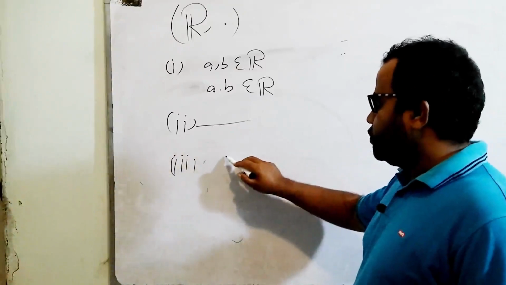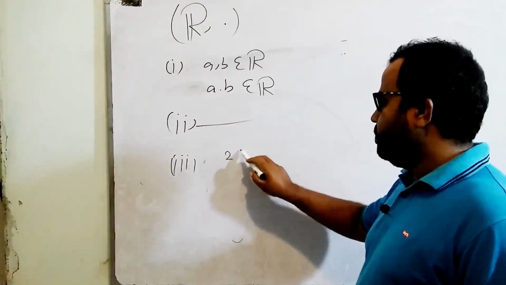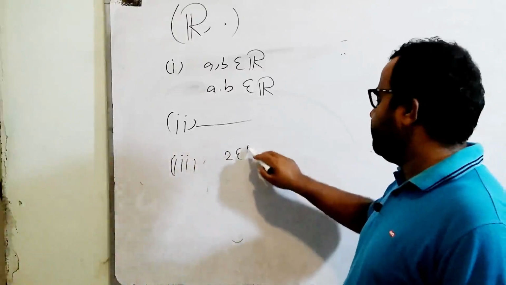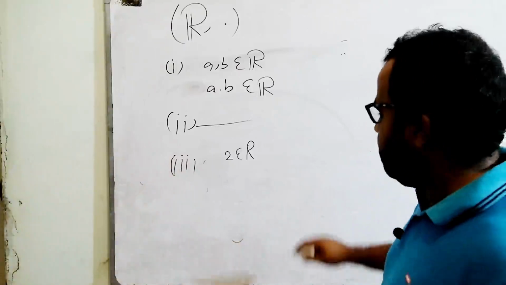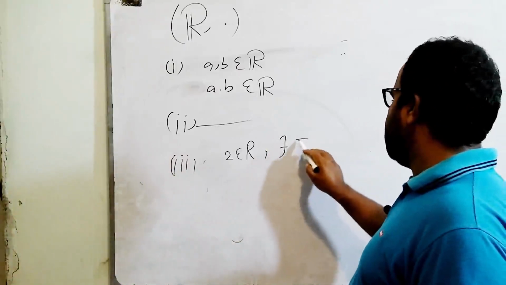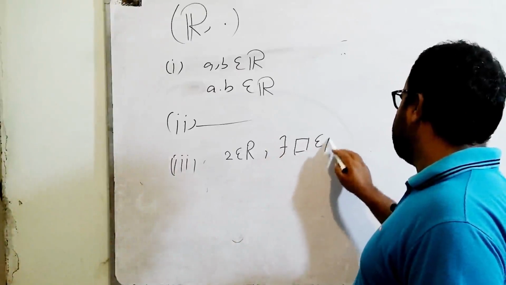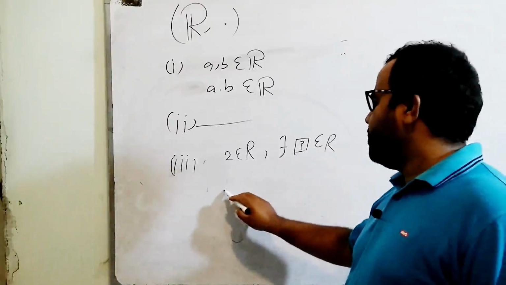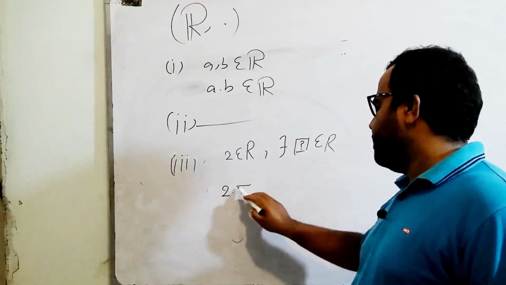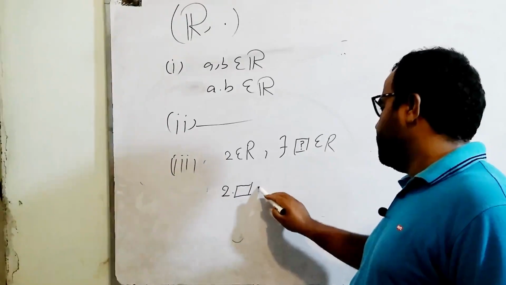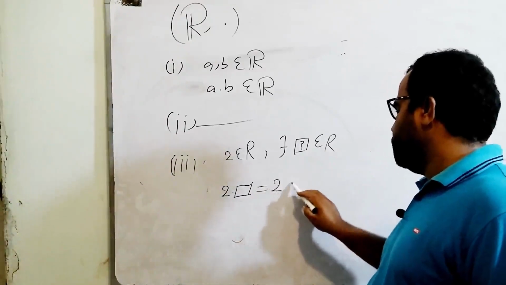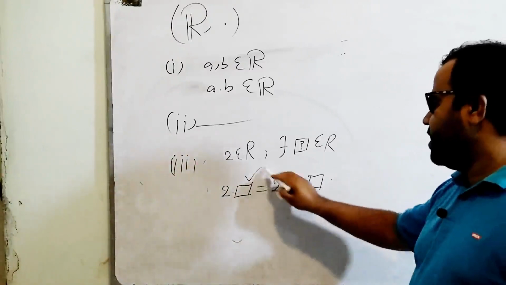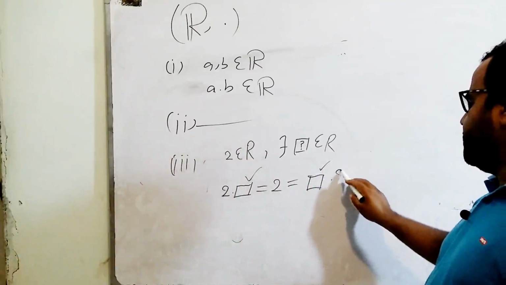If I take 2, a specific real number, there must exist a real number such that when we multiply with it, either from the right side or from the left side, our answer should be 2.